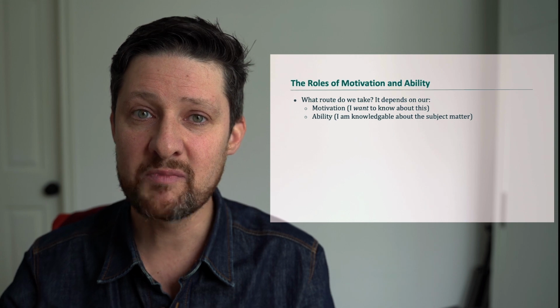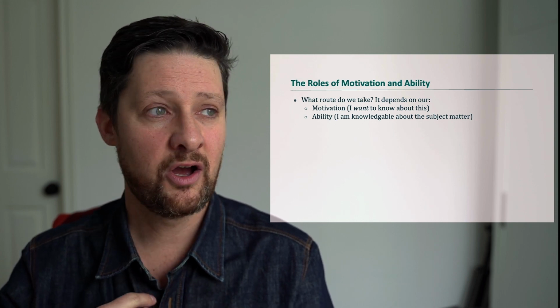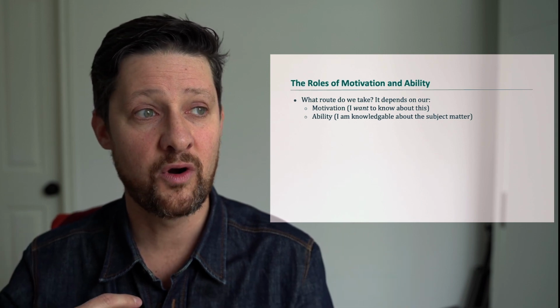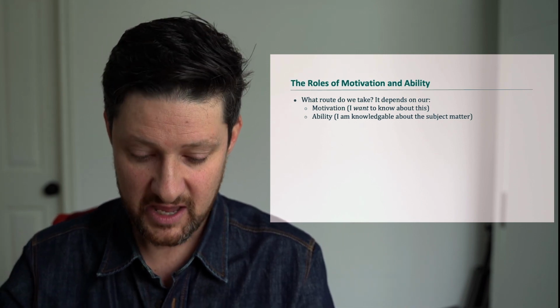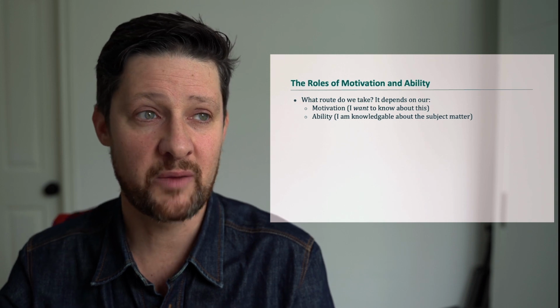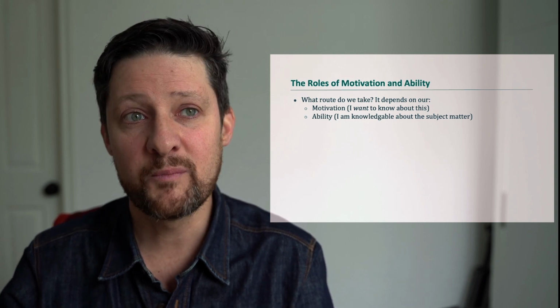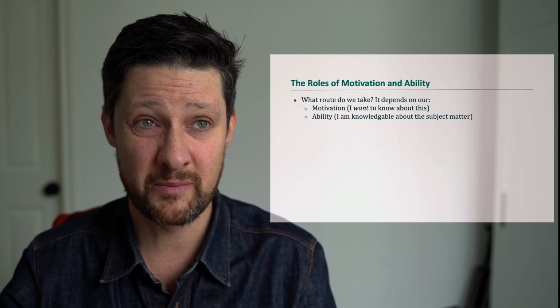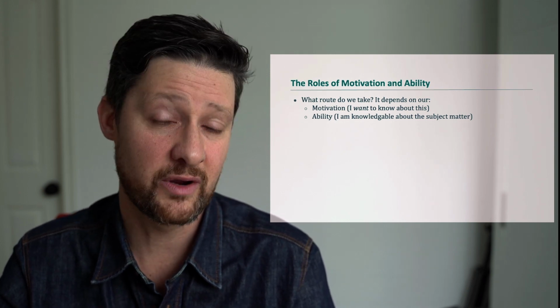And then the second is my ability, that is my knowledge, the extent to which I have knowledge about the content, or I'm invested in the content. If I know something about the topic and I'm motivated, I'm much more likely to use the central route. If I'm uninterested and I don't know anything about the topic, then I'll likely use the peripheral route.